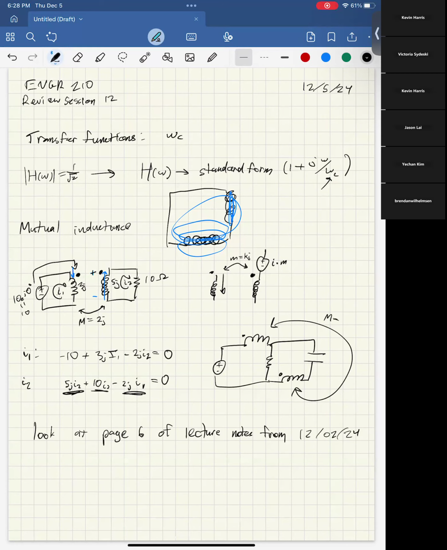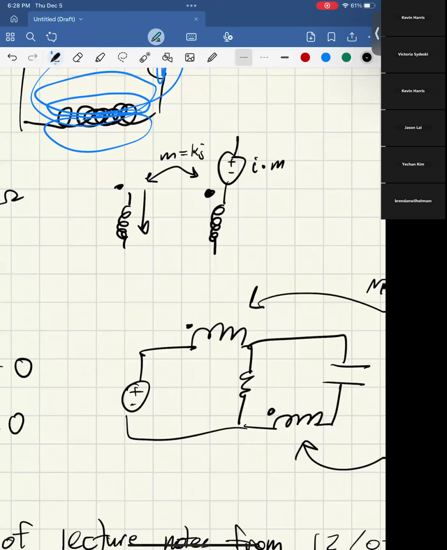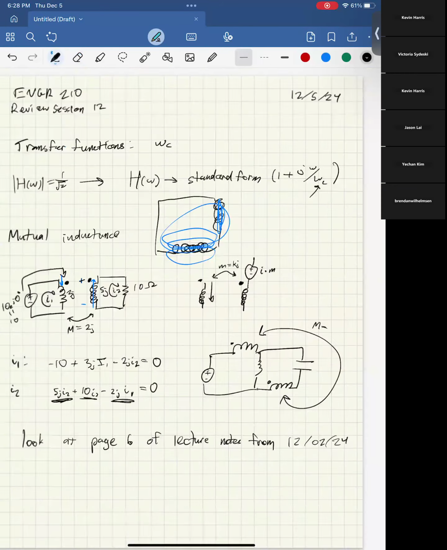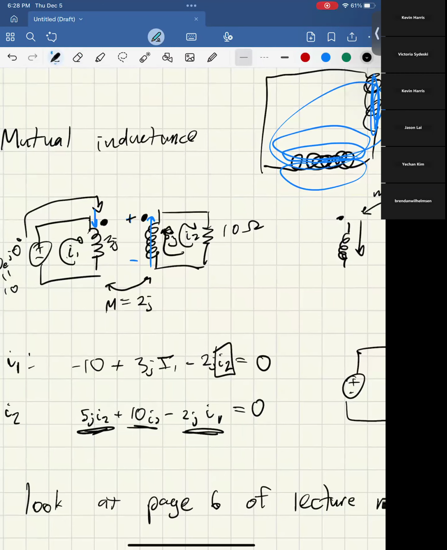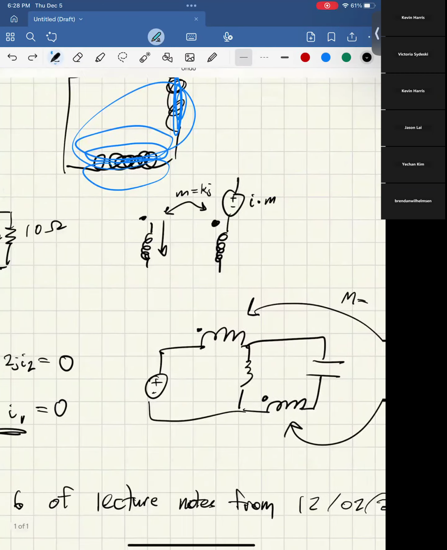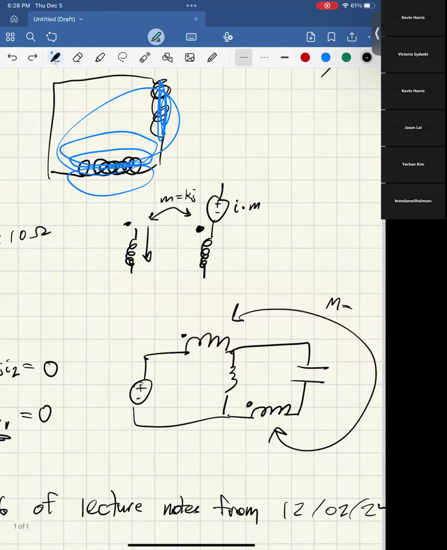It's just now it overlaps somewhat. And it can get really messy if one inductor was here, because then instead of just having an I2 here, you'd have an I1 minus I2 flowing there. But I think I should be going over one of those in a minute, if I remember correctly. But yeah, I will just go to the example problem.